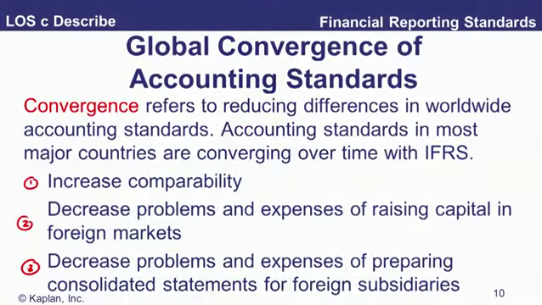Decrease problems and expense of preparing consolidated financial statements for foreign subsidiaries. Well, again, of course, we're looking at lots of companies that are conglomerates with lots of different divisions dotted around the world. Now, what they're meant to do is, if they've got companies whose local accounts have been produced using local accounting standards, those accounts then need to be converted to the parent company's accounting standards when the statutory group accounts are produced.